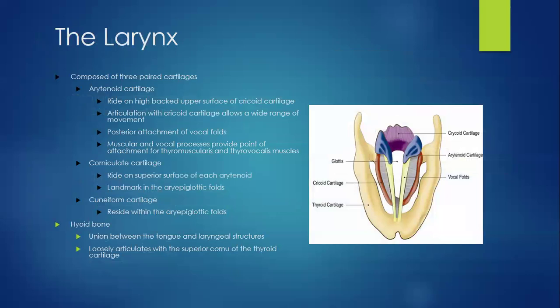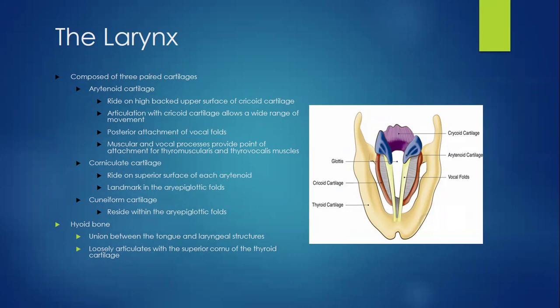So those were the 3 unpaired cartilages, which means they're single. The paired cartilages are the arytenoid, the corniculates, and the cuneiform. The arytenoid cartilage sits in back of the cricoid. Remember that I said the cricoid, which is an unpaired cartilage, is small in the front and big in the back.